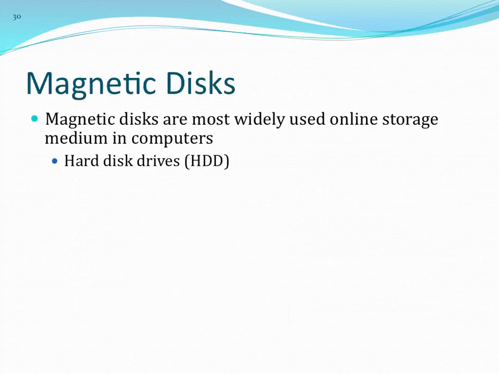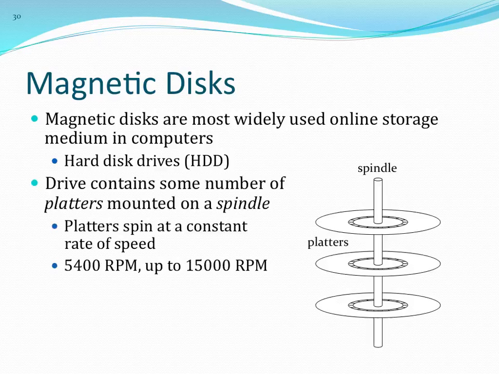Okay, so we'll start talking about magnetic disks. You may already generally be familiar with how magnetic disks work, but we'll talk about their layout and their structure, because this will become important in how we design our database. So like I have here, you typically have multiple platters mounted on a single spindle, or rotor, if you will. Basically all the platters spin at the same constant rate, because they have to.